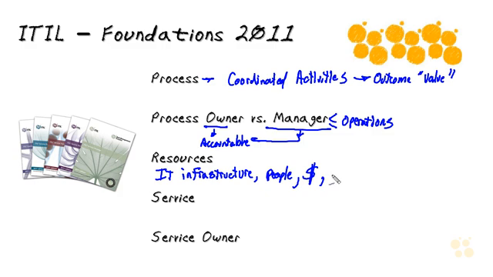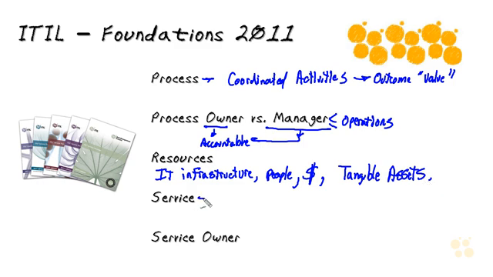And then, of course, there can be anything that is used to deliver the IT service. These are known as tangible assets, whereas your capabilities are considered intangible assets. That's the difference between resources and capabilities.